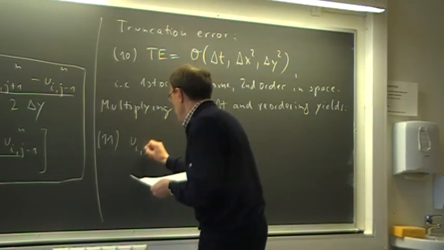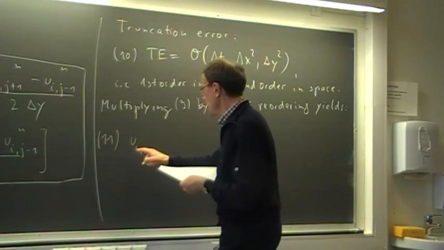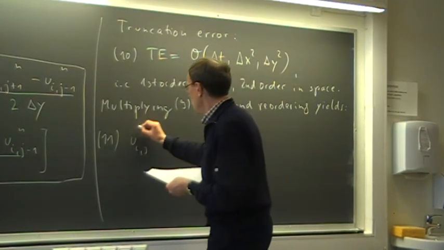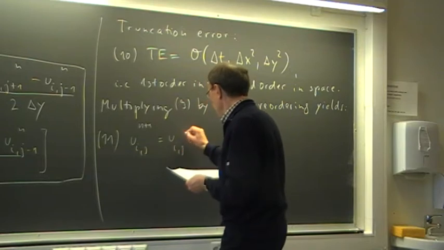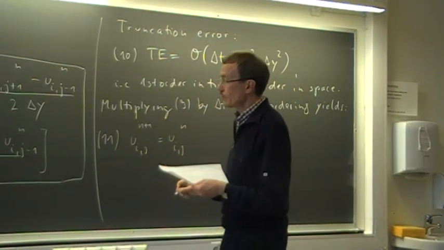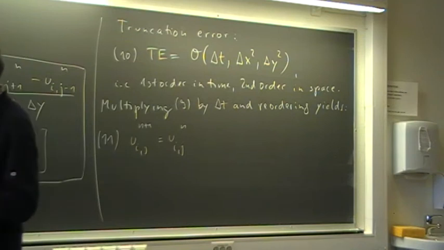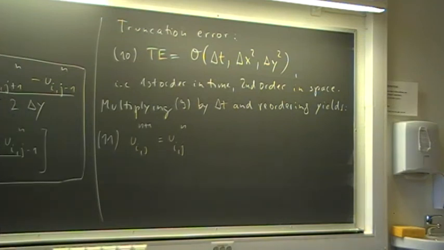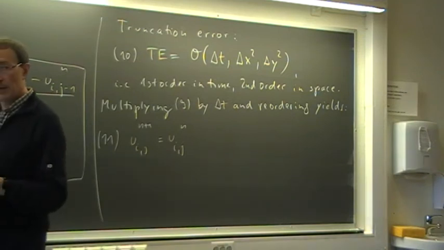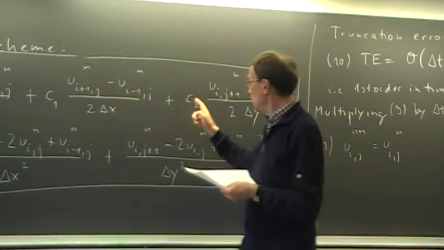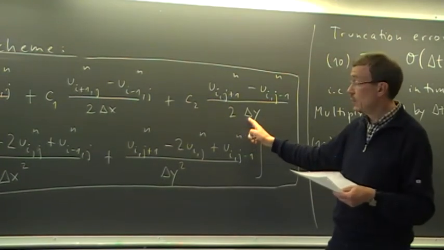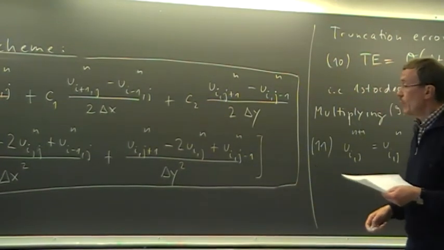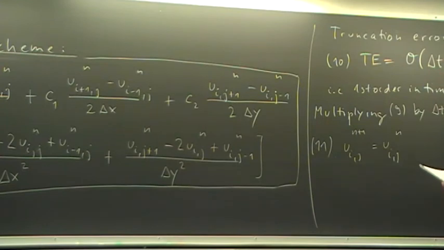The solution at our grid point xi, yj at the new time level is equal to the one at the old time level. And then, when we multiply by delta t, we get c1 delta t divided by delta x, half. That is the Courant number in x direction. Here we get c2 delta t divided by delta y, half. That is the Courant number in y direction.